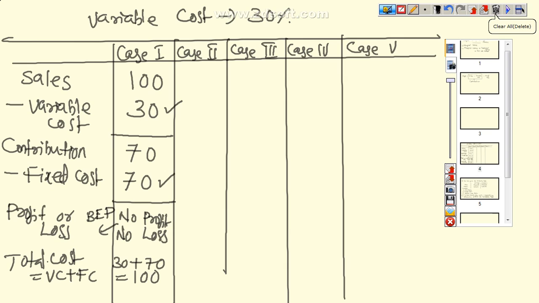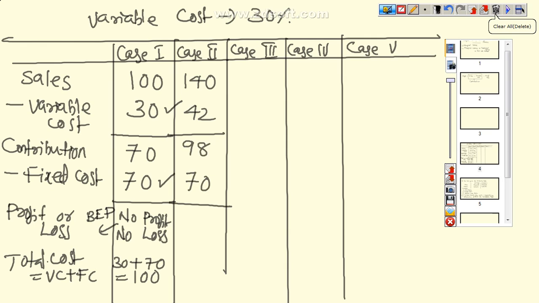Now next case, here I am increasing the sale to 140. Again I have to calculate variable cost, which is 30% of 140 is equal to 42. After deducting this, contribution is equal to 98. Fixed cost remains constant, same 70.